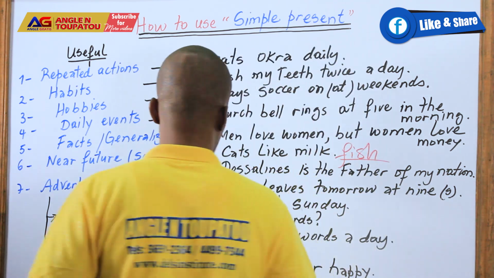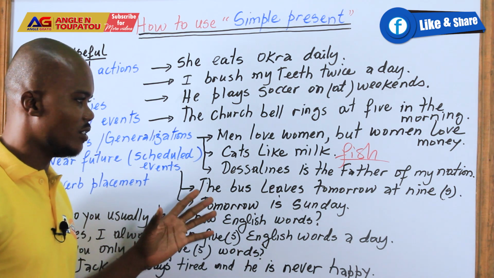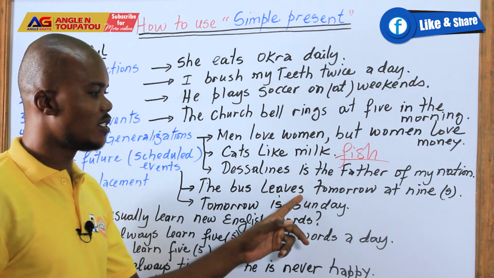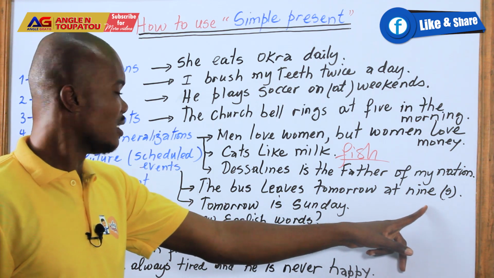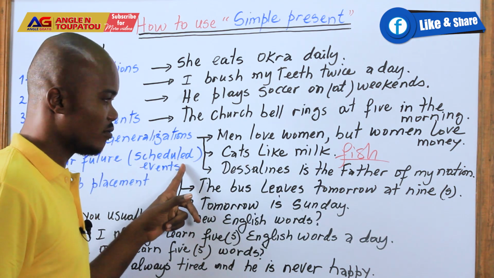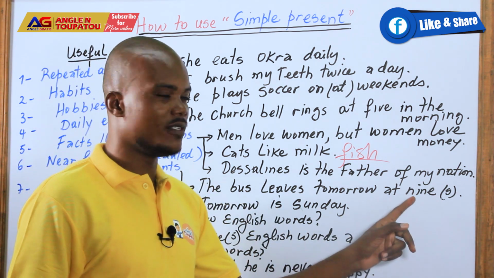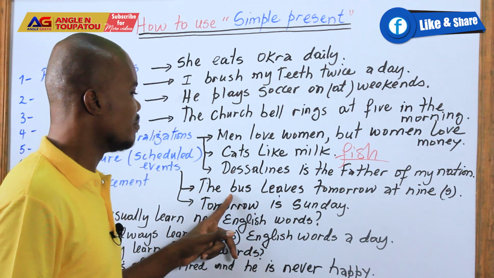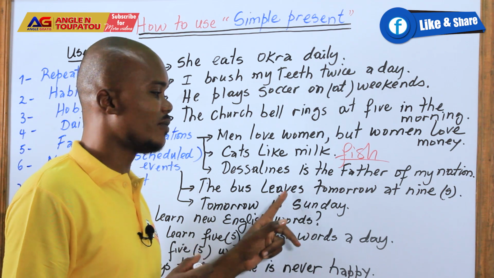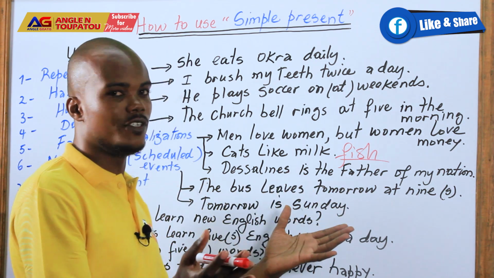Let's see, guys. Here you see it. These are examples. The bus leaves tomorrow at night. There is a schedule. When we use the bus leaves, it is the present, and as soon as I use tomorrow, that says future.